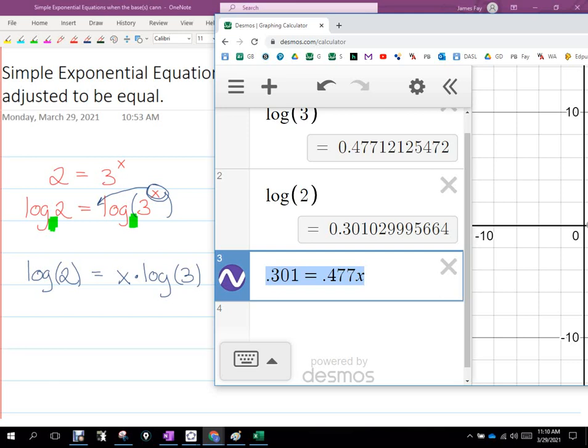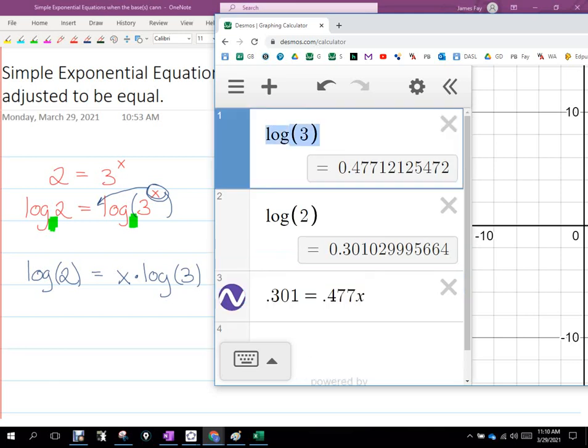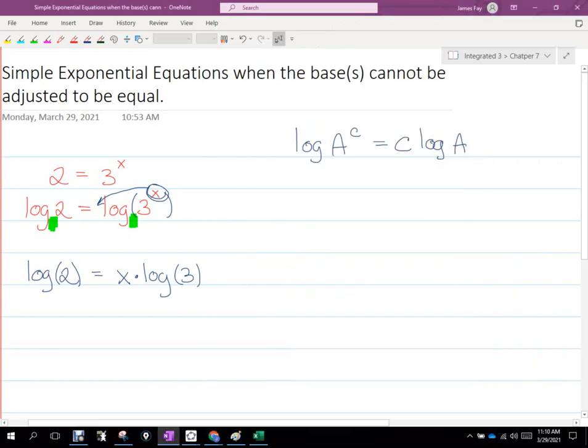But what was 0.477 as an exact value? It was log 3. So when I divide by log 3 on the right-hand side, it's because it is a coefficient, just an irrational coefficient. We write it as log 3 because that irrational number cannot be written out exactly.